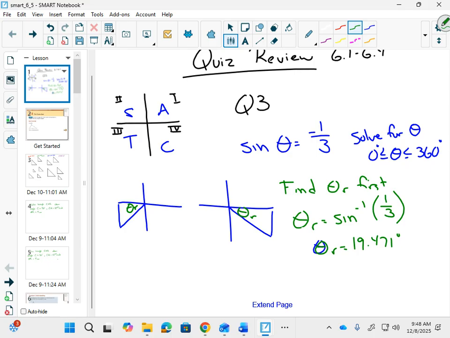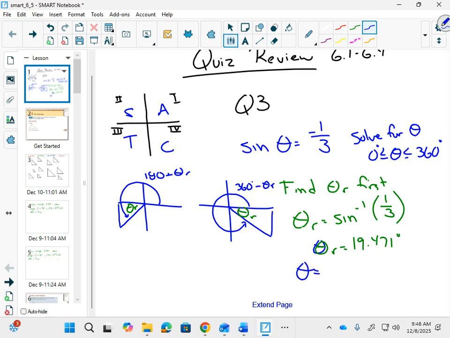Okay, so we get a reference angle. So now you have to figure out the actual angles. Here, does it make sense that you would go 180 plus your reference angle? And here, I would go all the way around 360 and then subtract my reference angle.